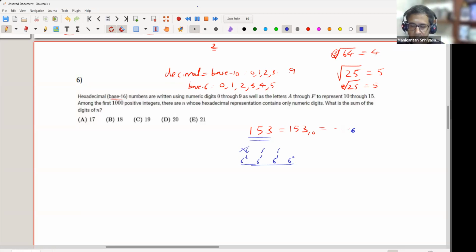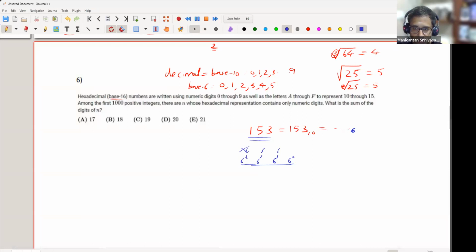Okay, so we only need to go till 6 power 2. 6 power 2 is 36. What is the multiple of 36 that's just less than 153? That's 144, right? So we'll use 4 of these and put 4 in the 6 square location.